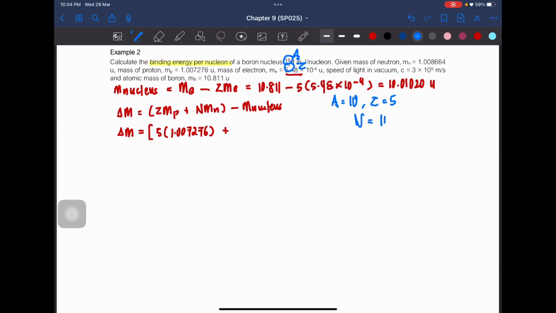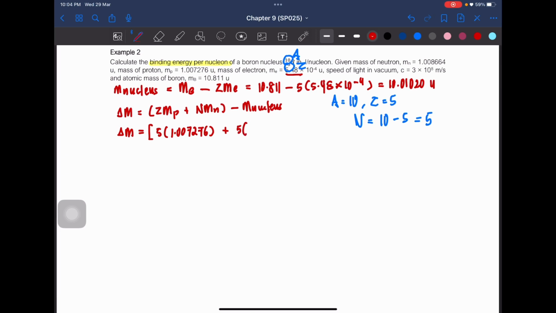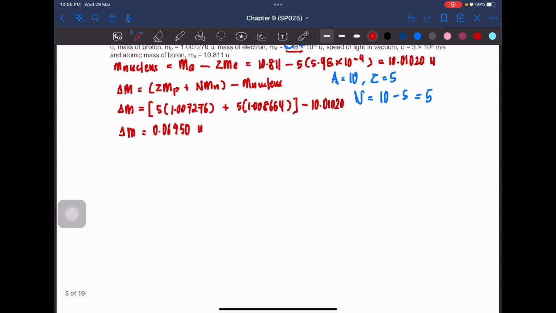So N is basically 10 minus 5, which is equal to 5. Okay, so this is 5. Mn is 1.008664. And then minus with the mass of nucleus, which is 0.01020. Okay, so the mass defect is then equal to 0.06950 U.